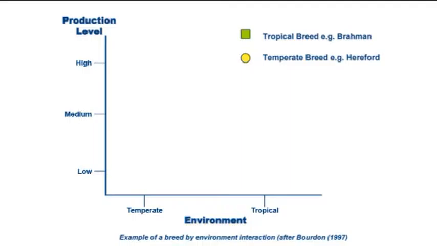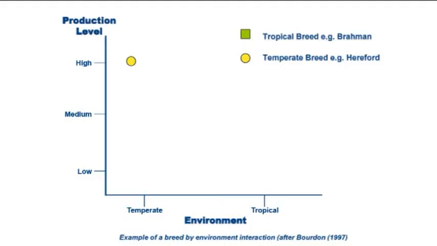If we look at the productivity of breeds taken and run in both of those environments, we can see that they perform differently. In the first case, we see that the temperate breed, let's say Hereford, performed really well under a high production level. Good nutrition, high production potential all year round.